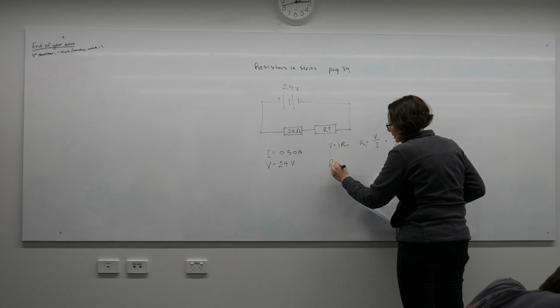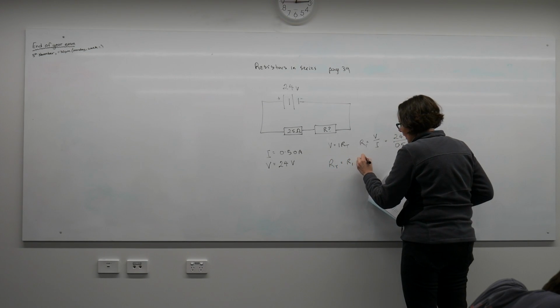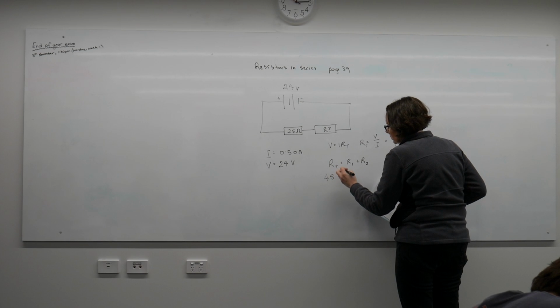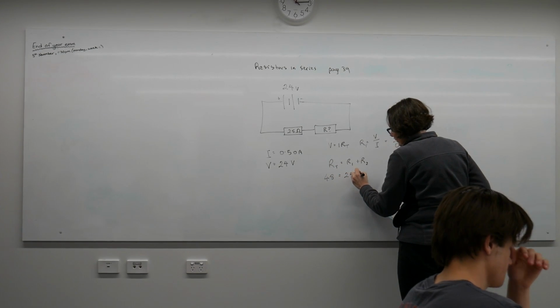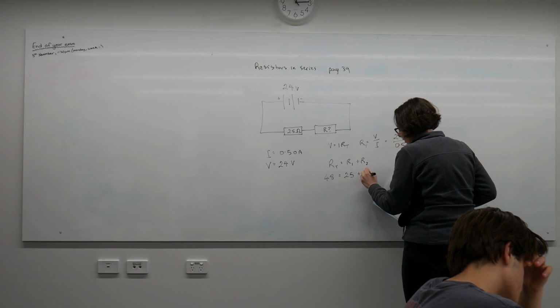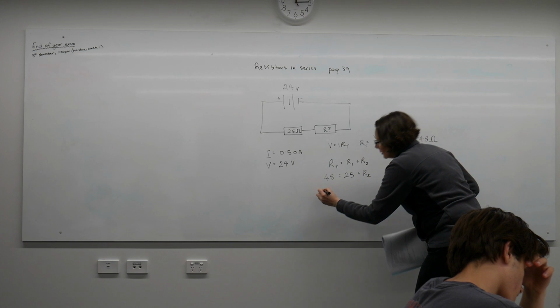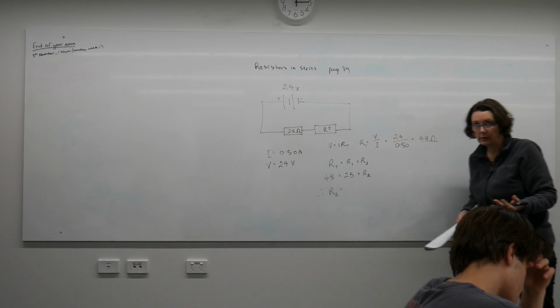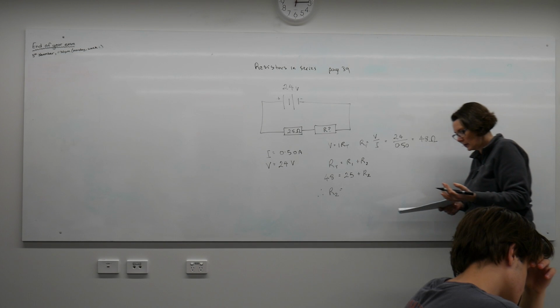So if RT is equal to R1 plus R2, 48 is equal to 25 plus R2, our unknown. So therefore R2 is equal to 48 subtract 25.